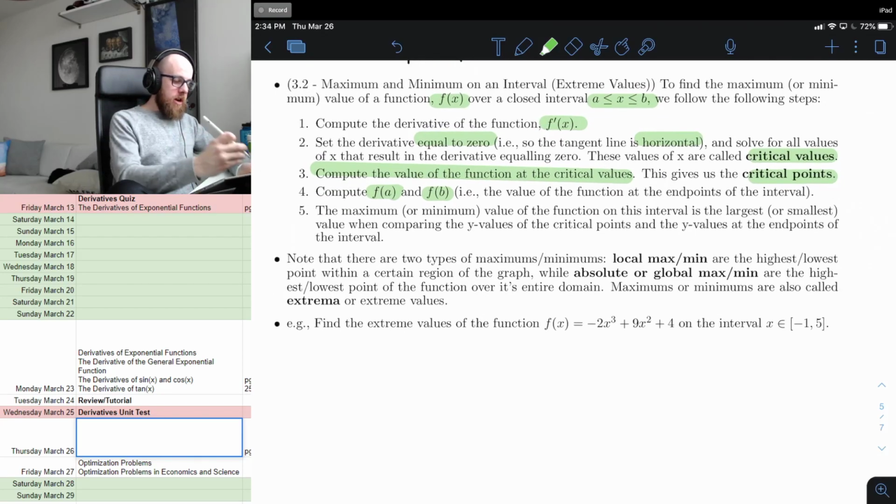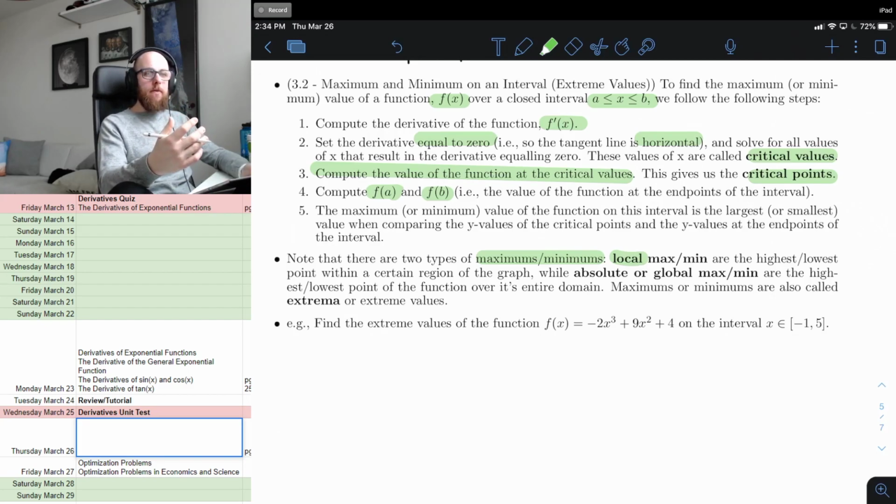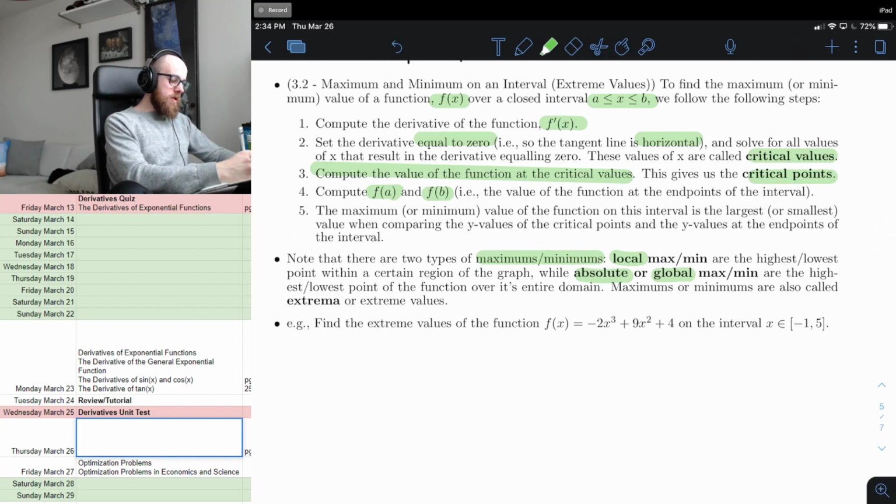Just some terminology here. There are actually two types of maxes or mins. There's what's called a local max or min, which is the highest or lowest point of our function within a certain region of the graph. And then there are absolute maxes or mins, also called global, which are the highest or lowest point of the function over its entire domain.